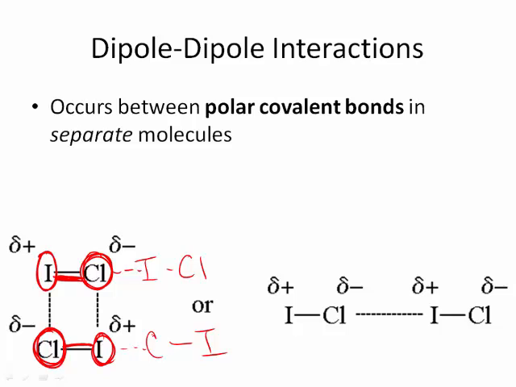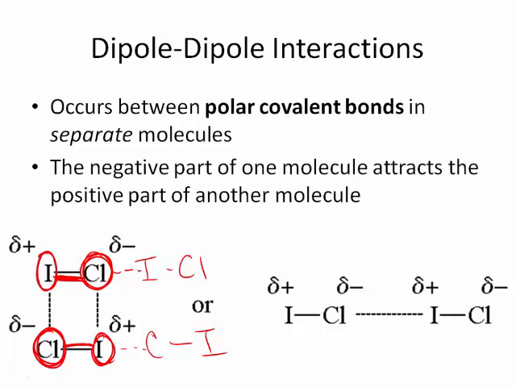And so again, those interactions are happening because of the slightly positive and negative ends that are formed from the polar covalent bonds. So just as I said, the negative part of one molecule is attracted to the positive end of another molecule.